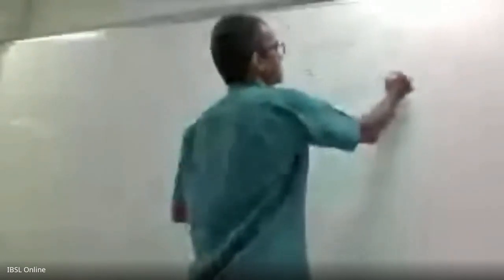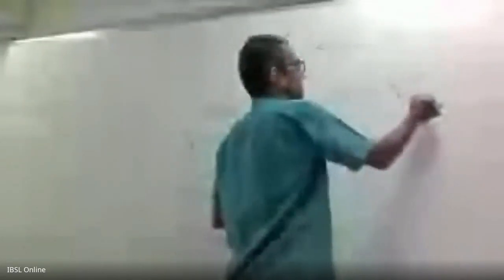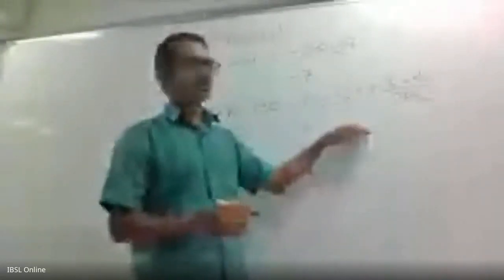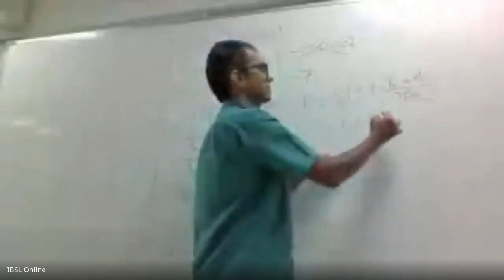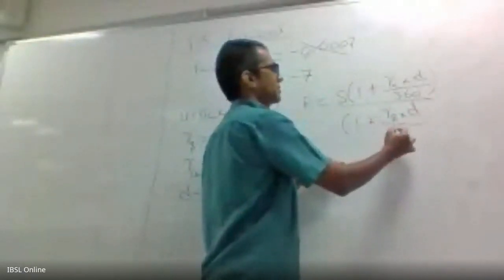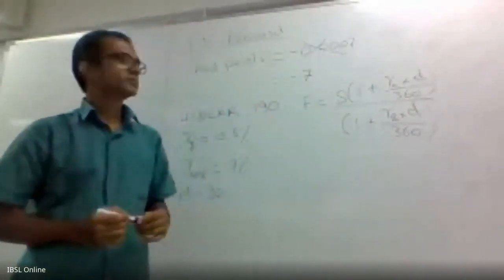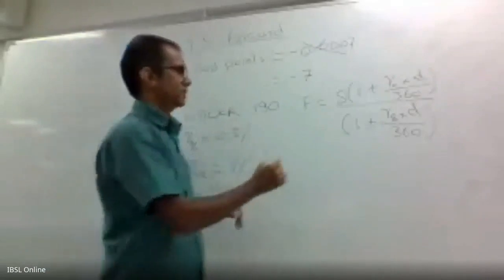Forward equals spot times 1 plus interest rate of the counter currency times number of days divided by 360, whole thing divided by 1 plus interest rate of the base currency times number of days divided by 360. Now substitute the figures.